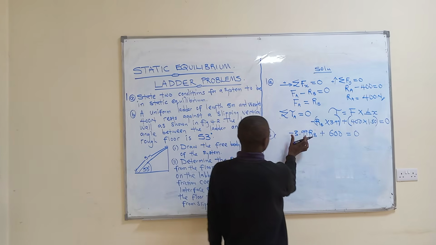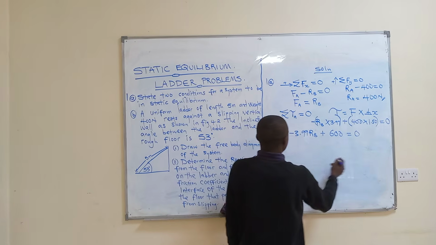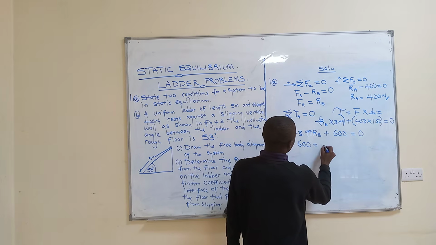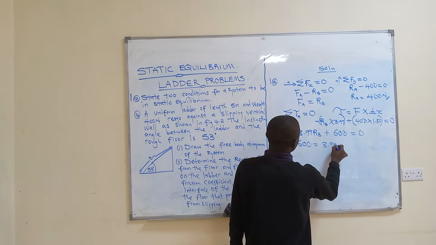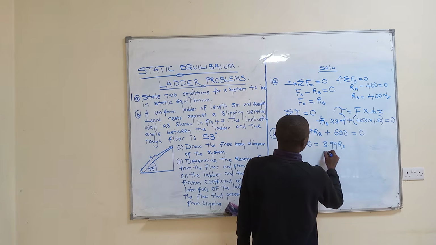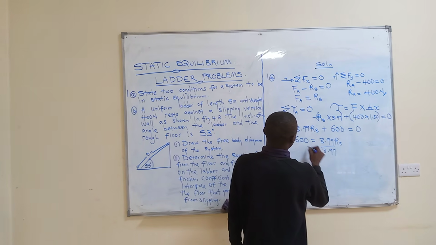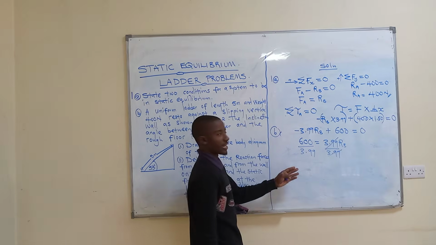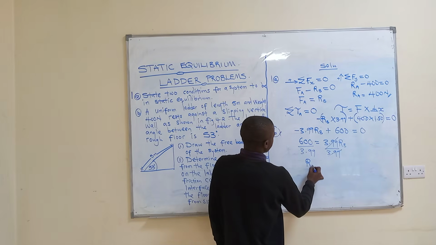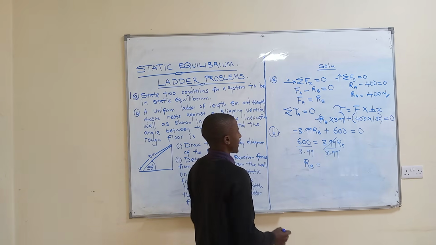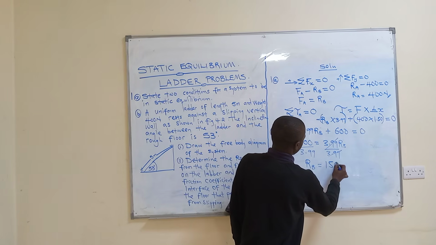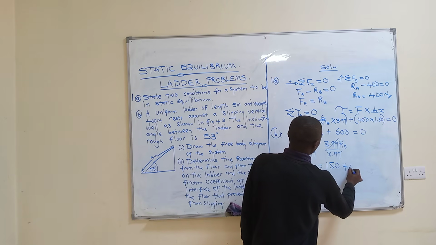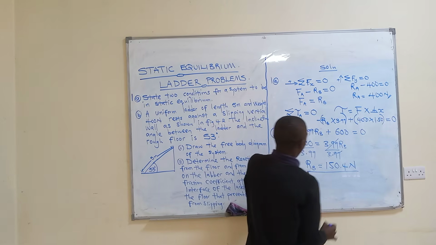So from there, getting this number and crossing the equal sign, it becomes positive. That is 600 is equal to positive 3.99 RB. Dividing by 3.99 over 3.99, you cancel. So you are going to get RB equal to 150.38. That is 150.4 Newtons as your RB.